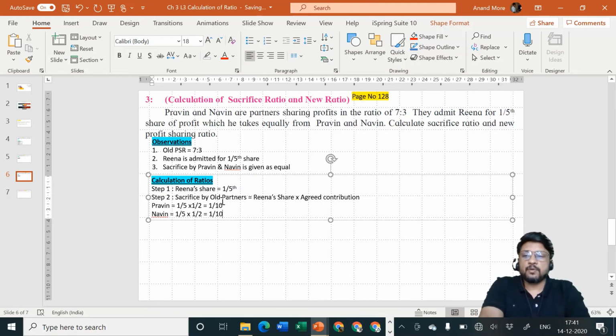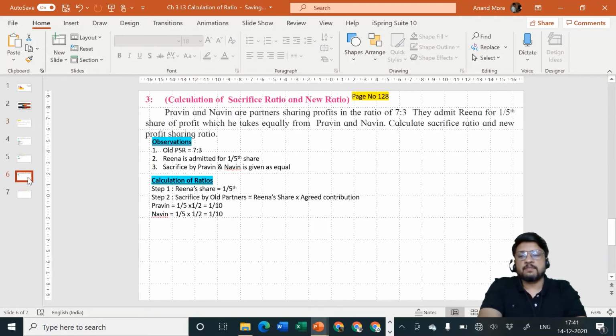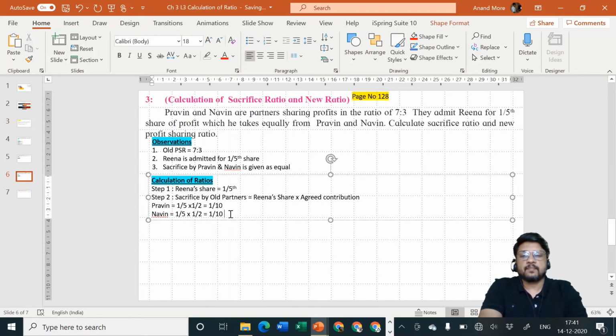Okay. So if you know the old ratio and if you know the sacrifice, you can find out the new ratio. We have just now calculated the sacrifice. So I'll come here and specify step number, let us check. Reena's share. Whatever promise we had given to him, whether it is fulfilled or not.